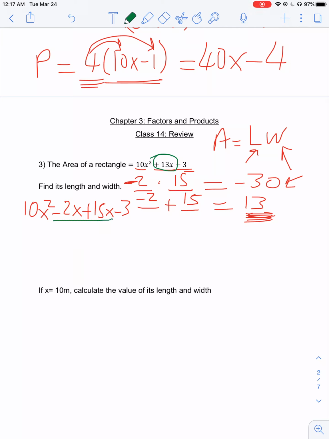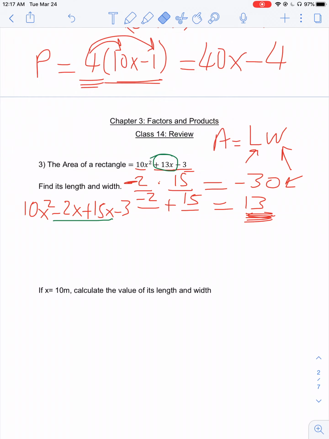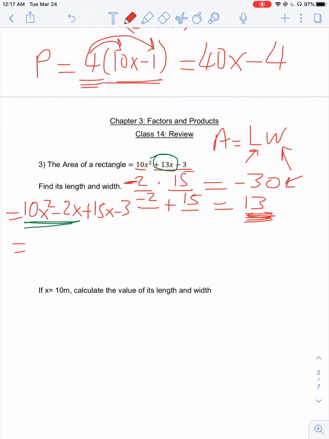So it's still 13x, but the advantage of doing this is now you can do grouping. Okay, so let's do that. So how does grouping work? Well, you have to focus on the first two terms. So factor your GCF over here. The GCF here is, oops, 2x.